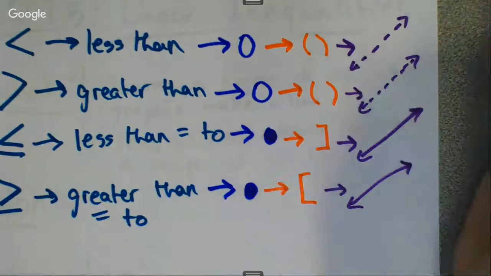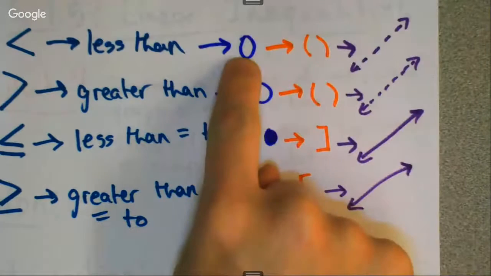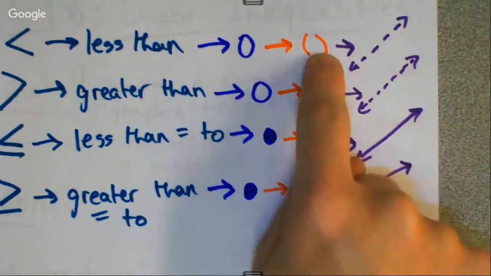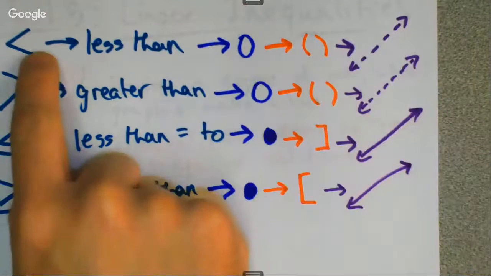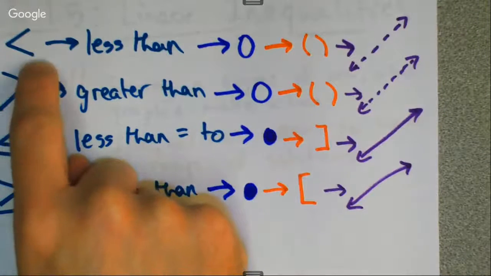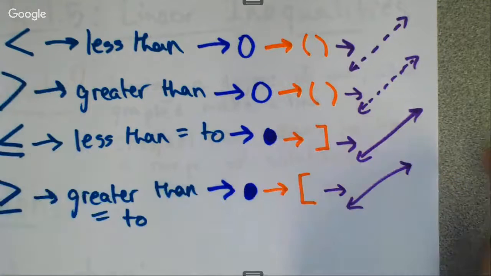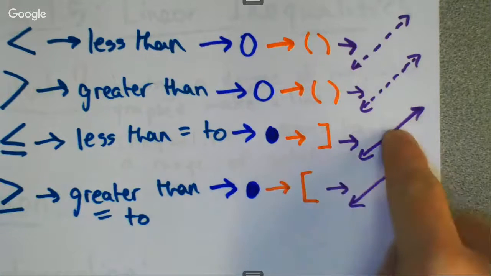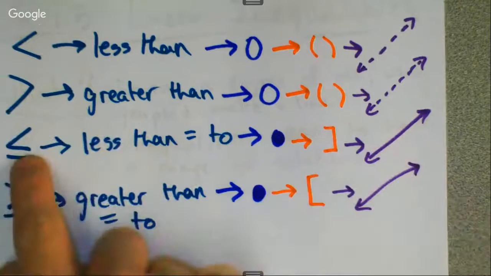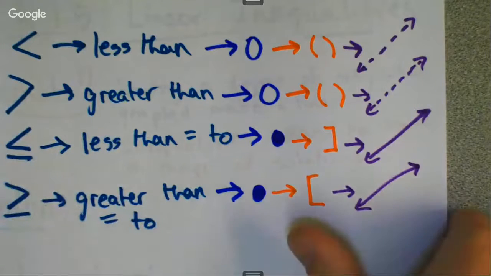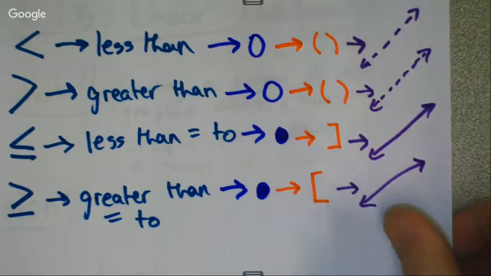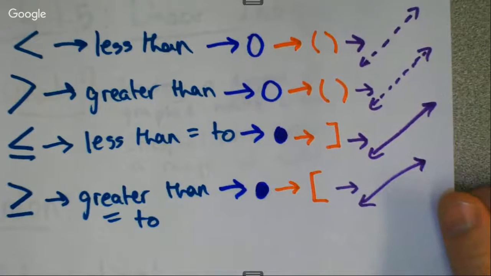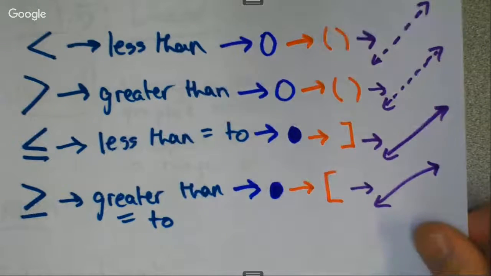So if it is open circle, parentheses, or dotted line, that means it cannot equal that number, so it's less than or greater than. If it is a closed circle, a bracket, or a solid line, that means it can be equal to that number, meaning I can choose those numbers on that range.